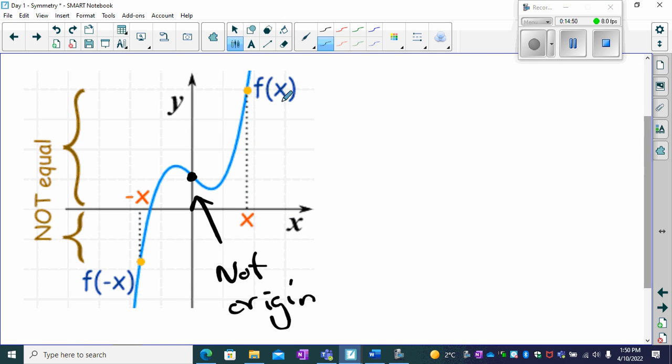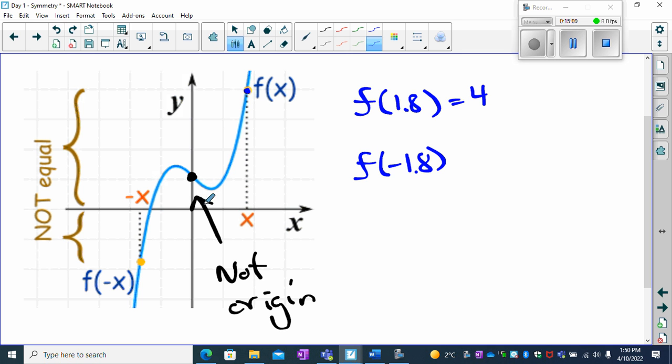Okay, and just to prove that, look at this, f at 1.8. If I go 1.8 units to the right, I'm up 4. 1, 2, 3, 4. f at negative 1.8 is... Okay, it doesn't equal 4, and it doesn't equal negative 4.